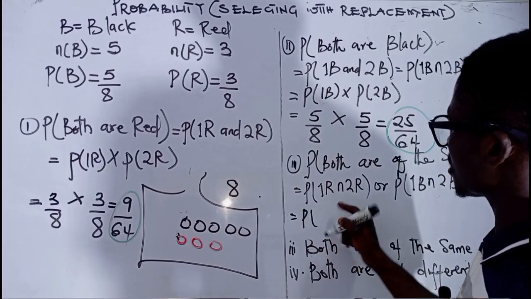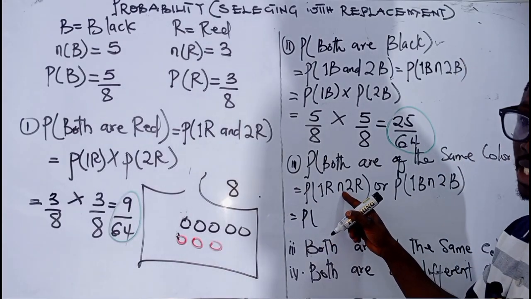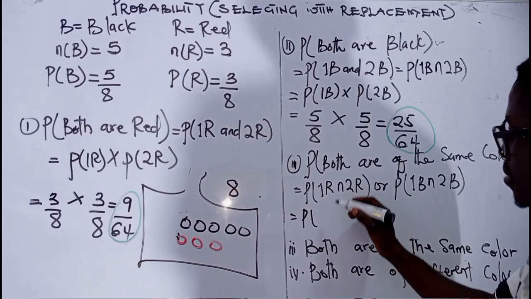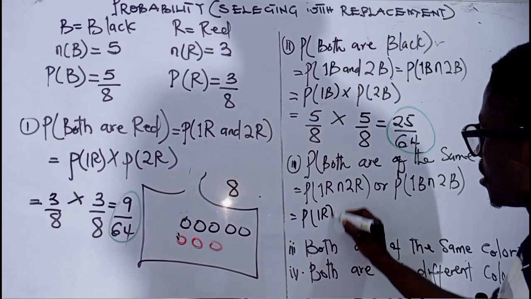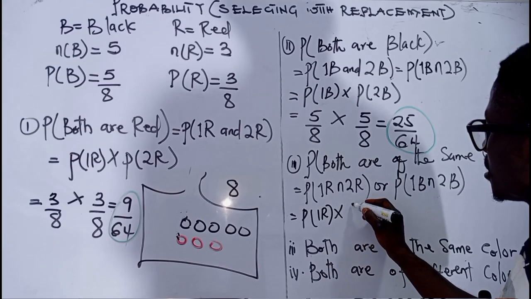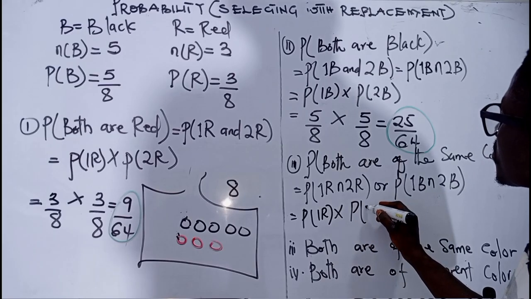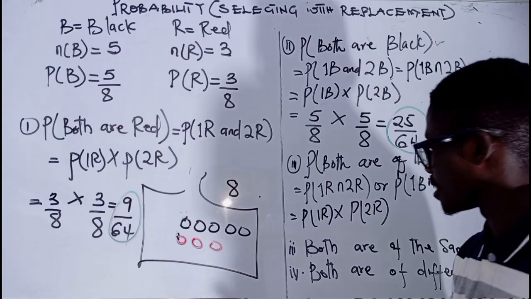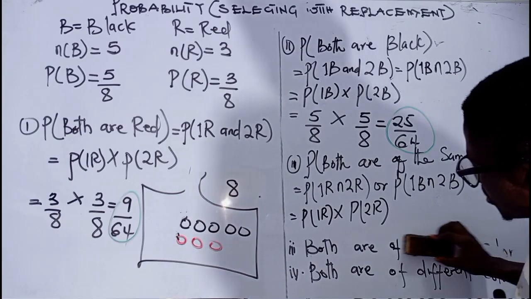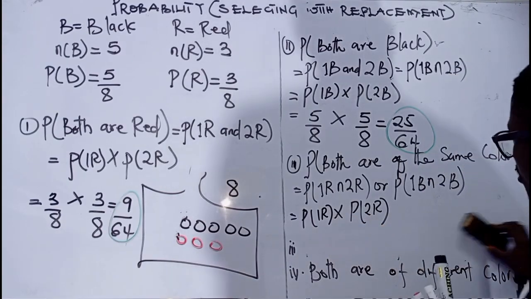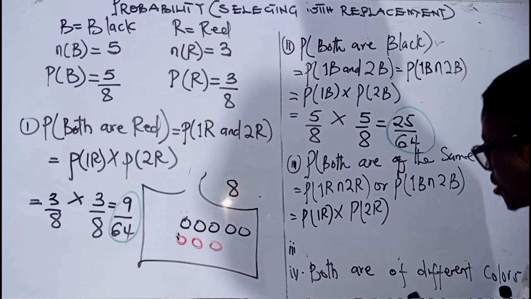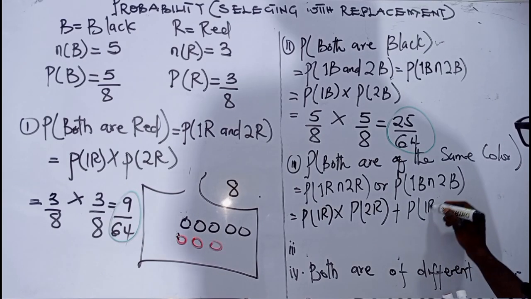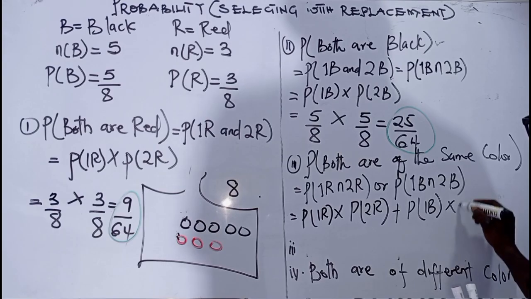Now we can write this as, since we are having the intersection or the "and", it corresponds to the multiplication law. So the "and" is multiplication. The "or" means what? Addition. So we have plus, then multiply by.